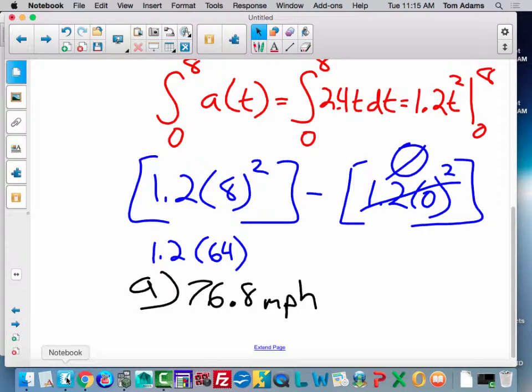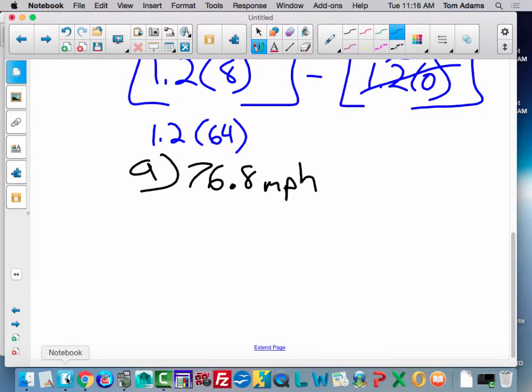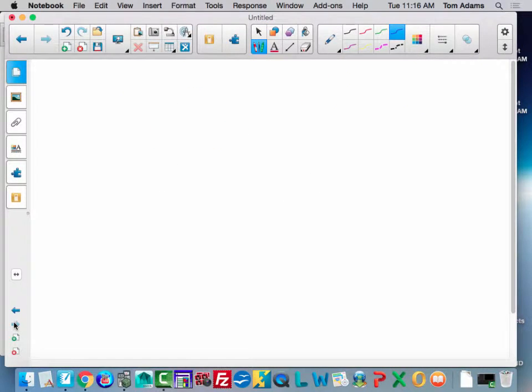Okay? Now part B wanted to know what? How much distance did it travel in that time? Well, how can we do that? Well, just to kind of recap, we said that our acceleration of time is equal to 2.4 t.